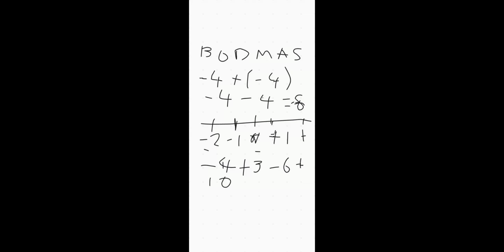So that means that the answer will be minus what? Minus 1. Did you get that now? Yes. Okay. So if you want to rewrite this question, since minus 4 plus 3 is minus 1, I'll just say minus 1 minus 6 plus 10, right?